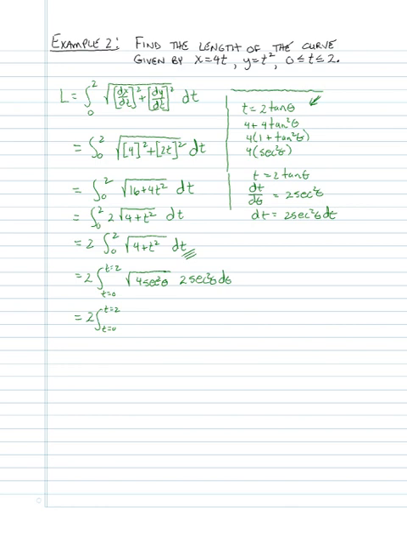So here we get a 2 times secant of theta when we take that square root, times a 2 times secant squared of theta d theta. Okay, and let's see, we can factor all those 2's out. We'll have the 8 times the integral from t equals 0 to t equals 2 of secant cubed theta d theta.